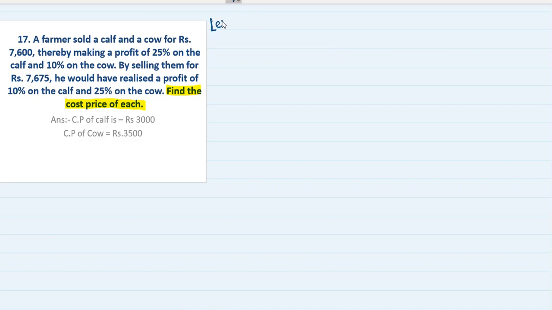So let the cost price of calf be rupees X and cost price of cow be rupees Y. Cost price of calf is X, cost price of cow is Y. Now a farmer sold a calf and a cow for rupees 7,600, thereby making a profit of 25% on the calf and 10% on the cow. Great.